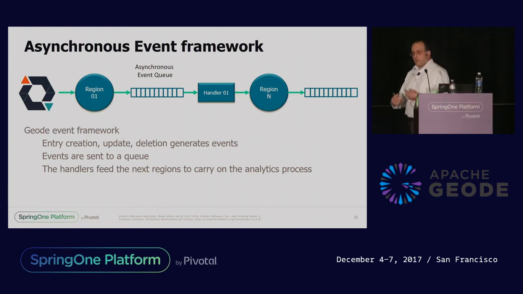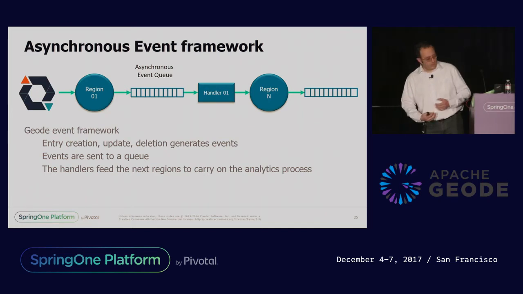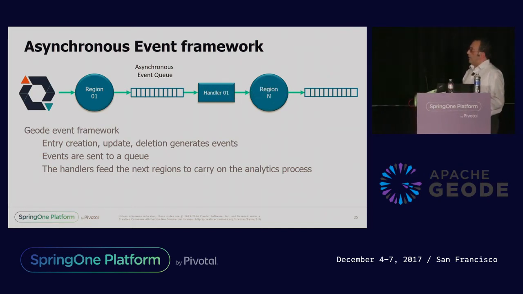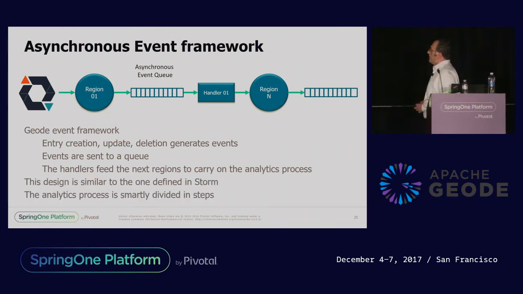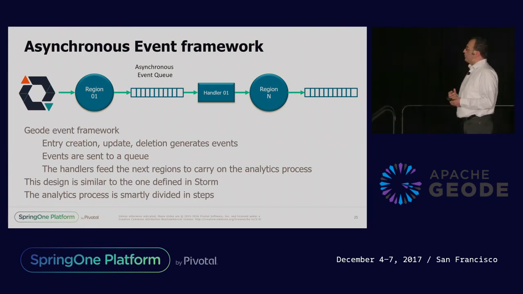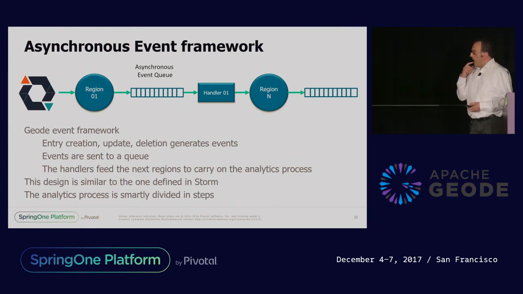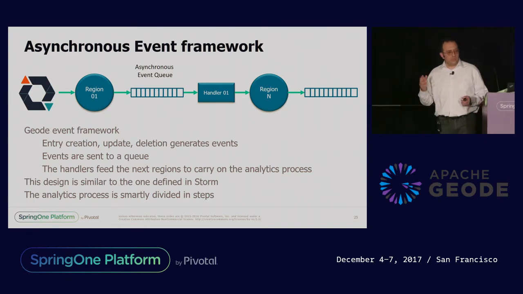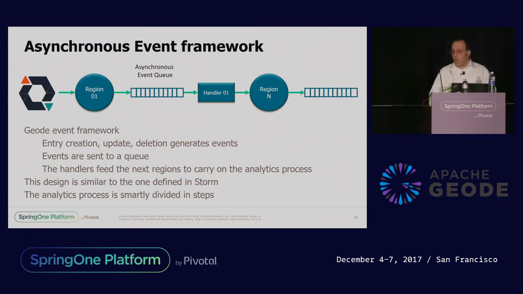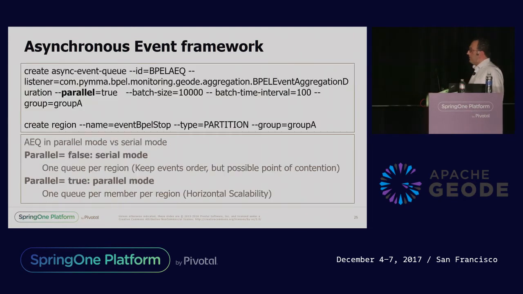And then the handler is able to process the event and generate another message for the next region. And the next region generates an event for a queue. So the design here is similar to the one we defined in Storm, and the analytic process we defined could be smartly divided in steps.